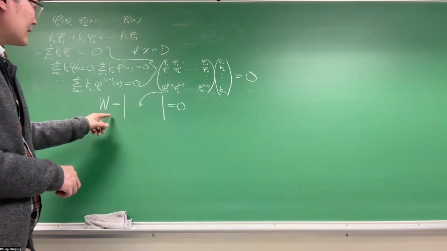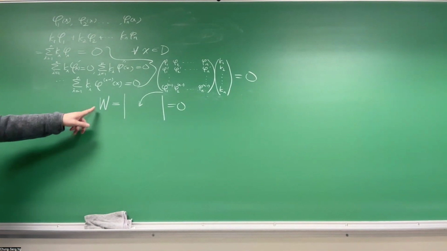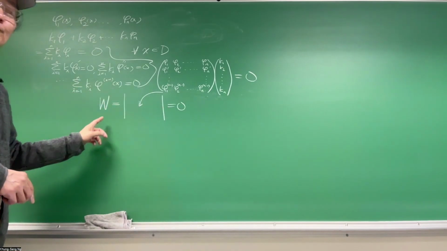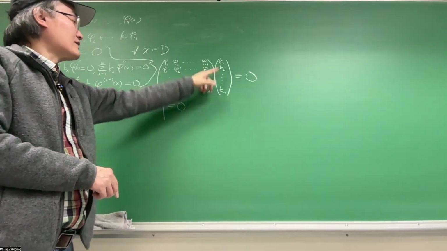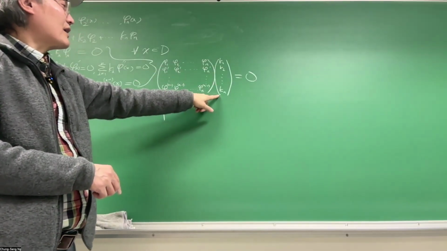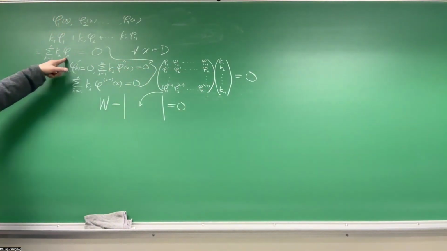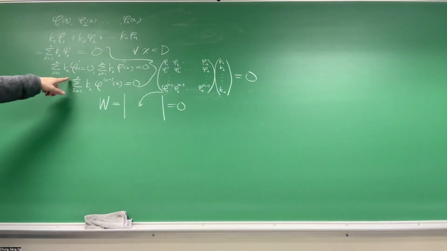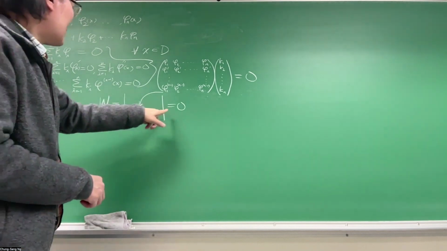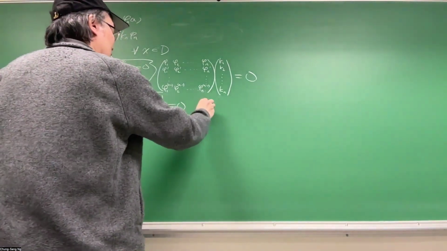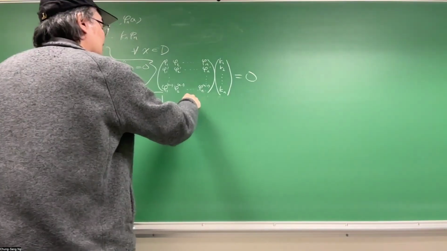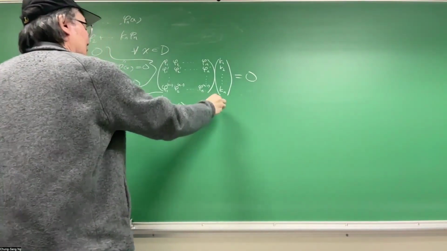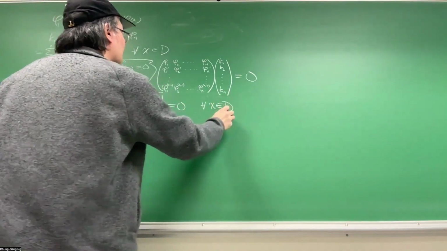The other way around, if the Wronskian is non-zero, they are linearly independent, because you cannot find a set of parameters k to satisfy this equation. And this is required for all x over this domain.